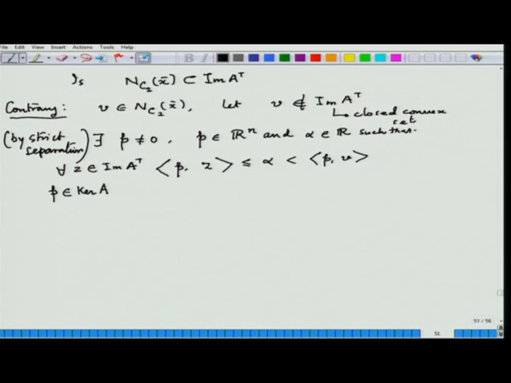So what is Z? Z is an element of the form A transpose lambda for all lambda in R k. So this would be satisfied for all lambda in R k.